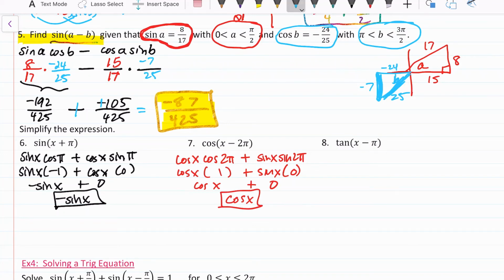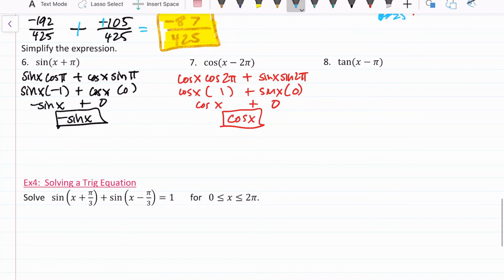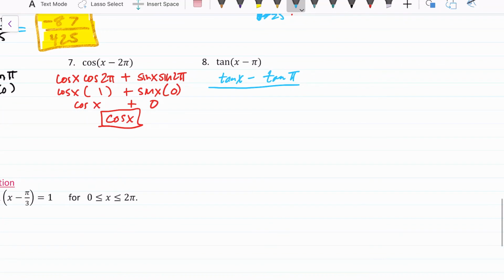For number 8, we have tangent, which we haven't done yet, but it will be tangent of x minus tangent of pi, and 1 minus tangent of x times tangent of pi.